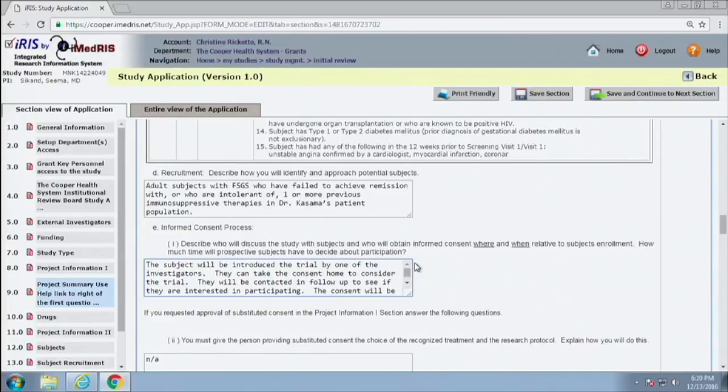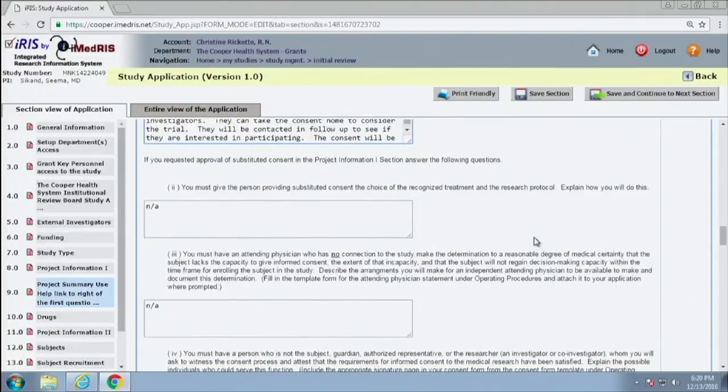So we don't want somebody rolling into a pre-op area and you're handing them the consent, and when we look at the time that they arrived and the time of the consent, there's 5 minutes. That's not obtaining informed consent. So if you can do it and they can take it home, or if they're up on the floors and you're going to come back in an hour, that should be all reflected here under informed consent.